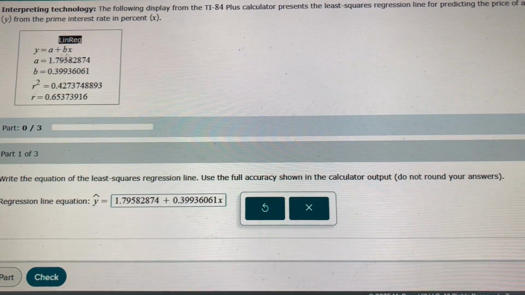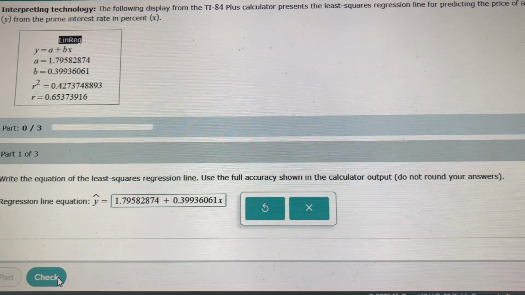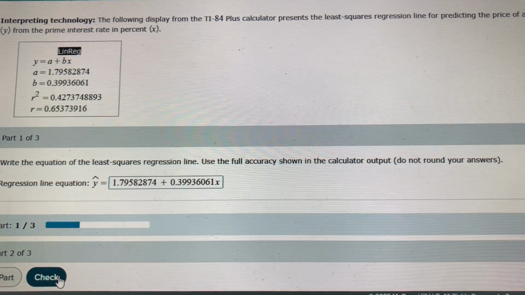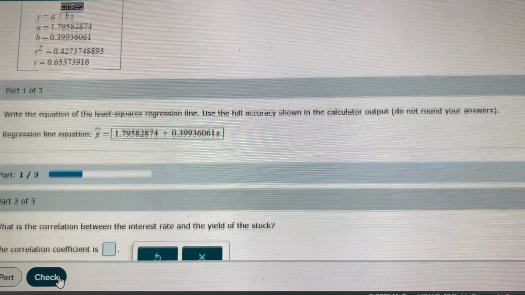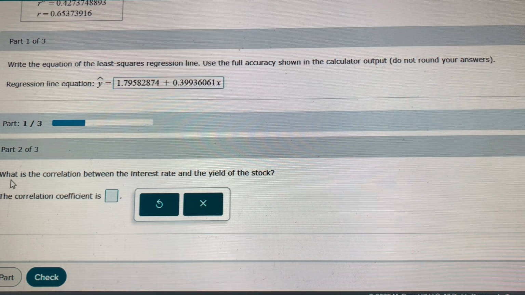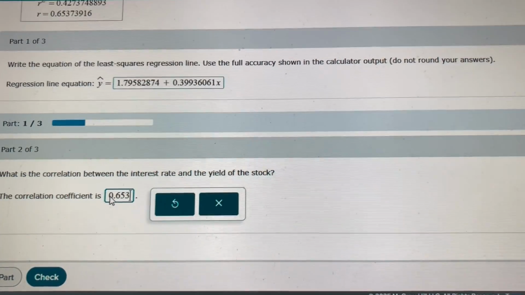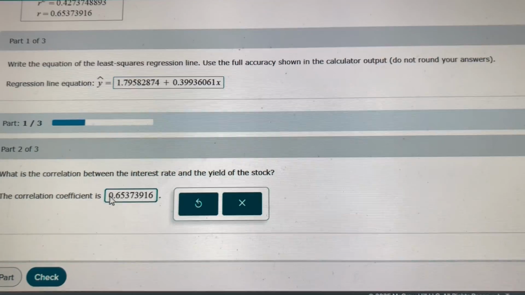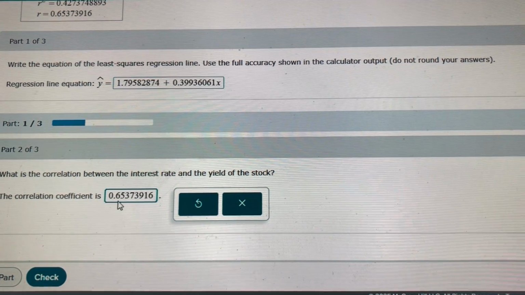The equation's right above it. They just wanted you to read the technology, because they know not everybody has this calculator, so in case you don't have it, you can do problems like this. What is the correlation? I guess they don't want it rounded, 0.6537... but 0.65, that's in the moderate range because it's between 0.5 and 0.8.